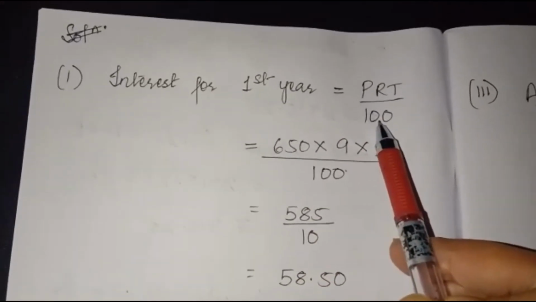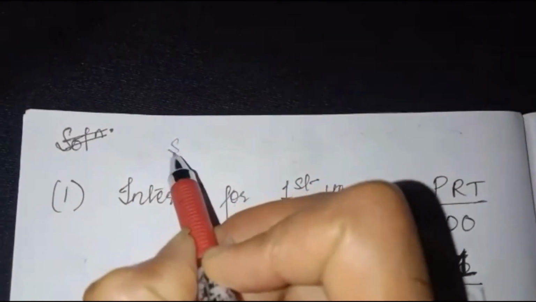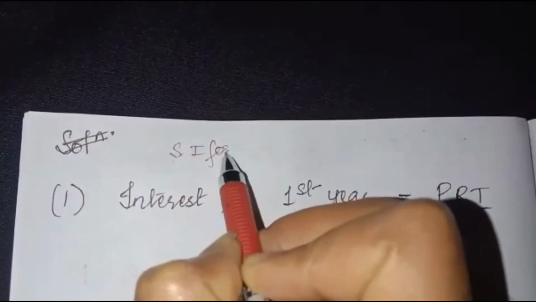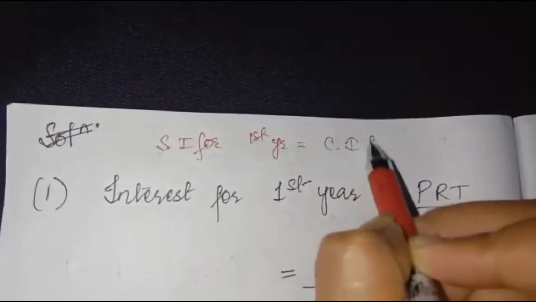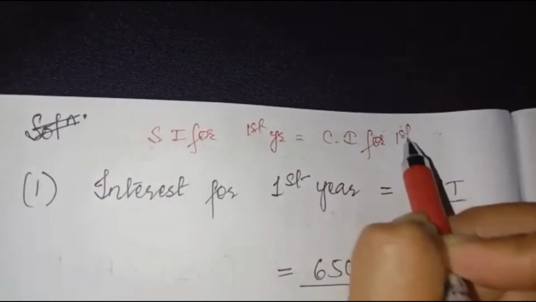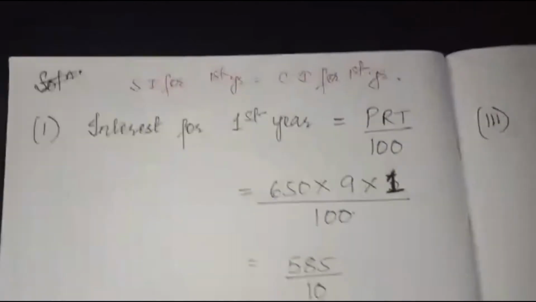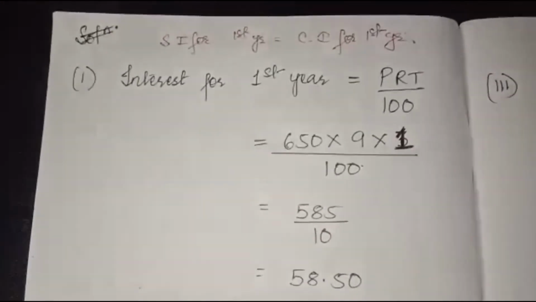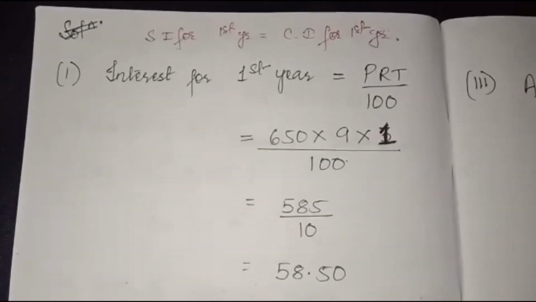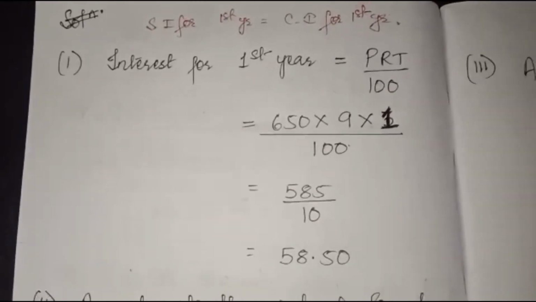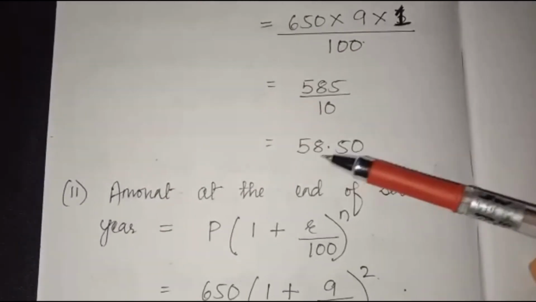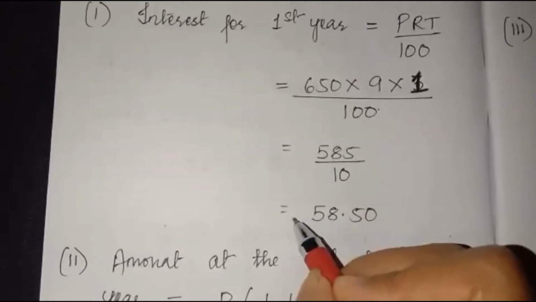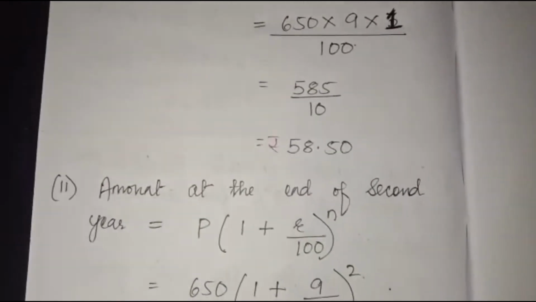So SI for first year is equal to CI for first year, but the interest must be calculated annually. After solving, you'll get 58.50. So this is the interest for the first year.